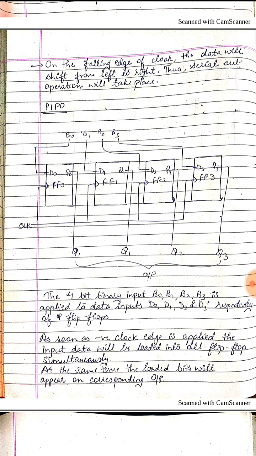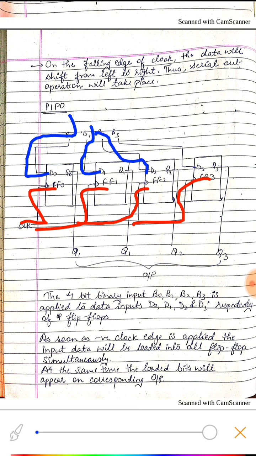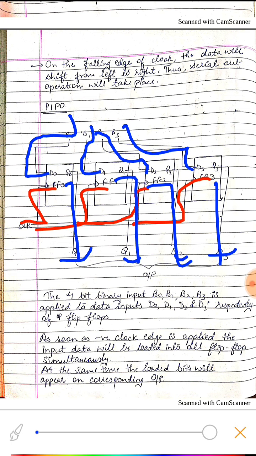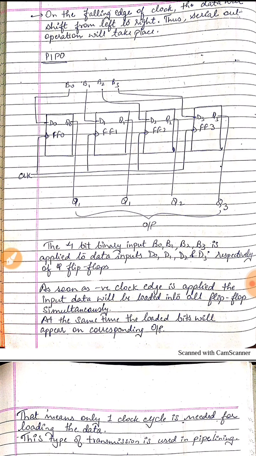The same clock pulse is applied to all the flip-flops, and the data is entered parallelly in all the flip-flops in the form of 4 bits B0, B1, B2 and B3. As soon as the clock is applied, we get the output simultaneously at all the flip-flops. That means only one clock cycle is needed to load the data. This type of transmission is used in pipelines.